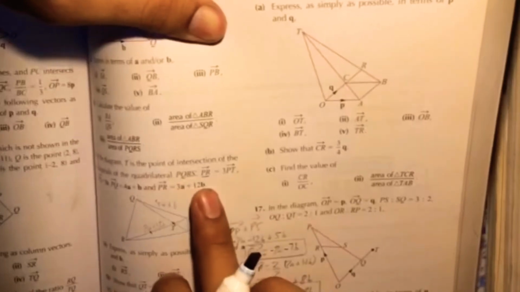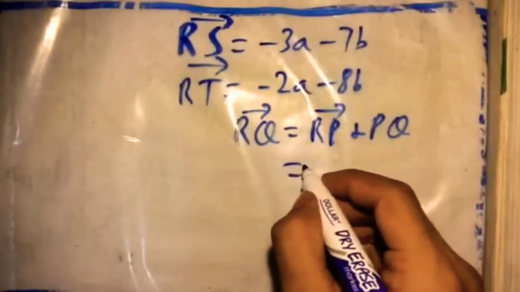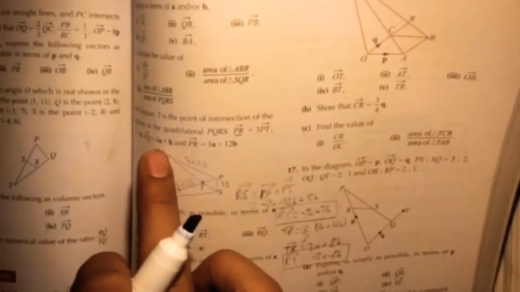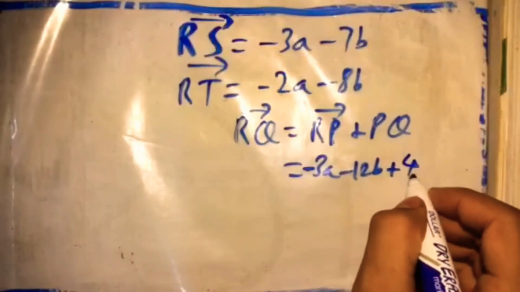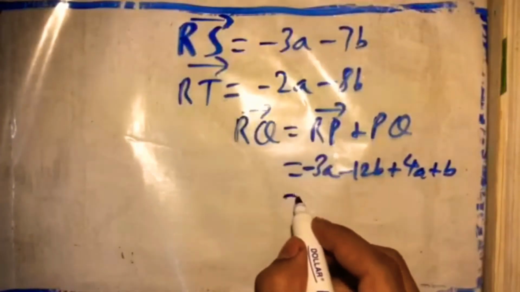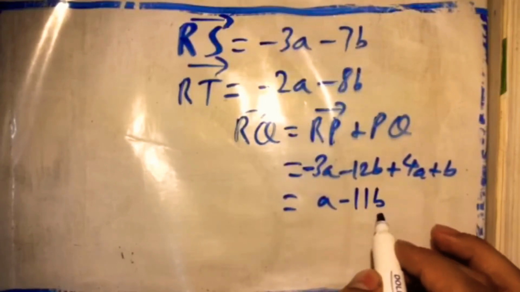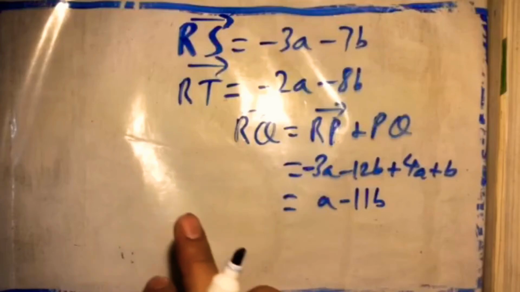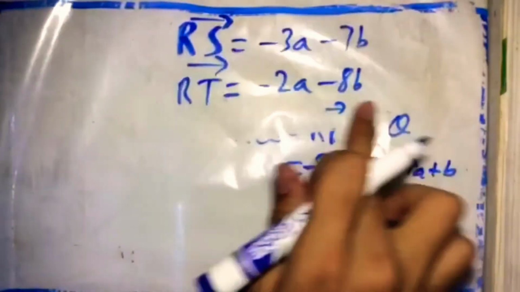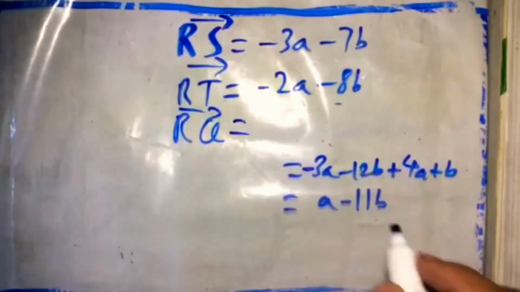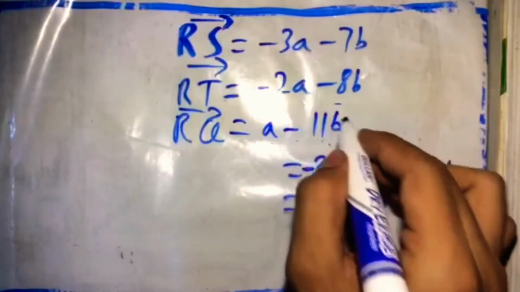Now we were given PR as 3A plus 12B. So RP will be minus 3A minus 12B plus PQ. PQ is 4A plus B, so it is A minus 11B. That is RQ. Therefore RQ is equal to A minus 11B.